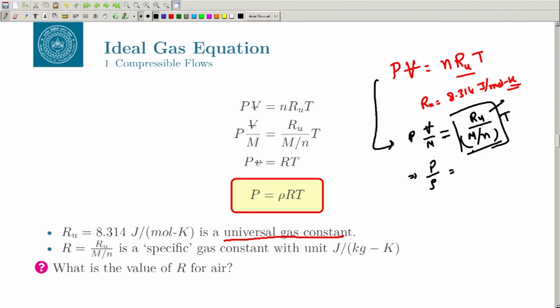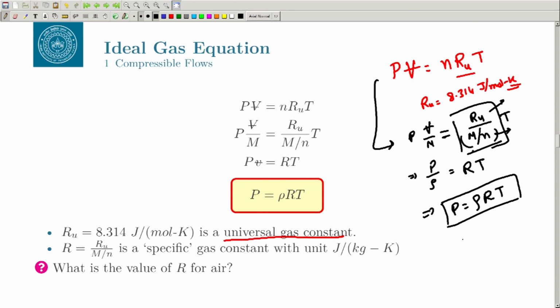And this quantity Ru by M is your universal gas constant divided by your molar mass. This constant can be written as the specific gas constant R, multiplied by T. So you get P equal to rho RT, which is used in your CFD simulation with ideal gas assumption.